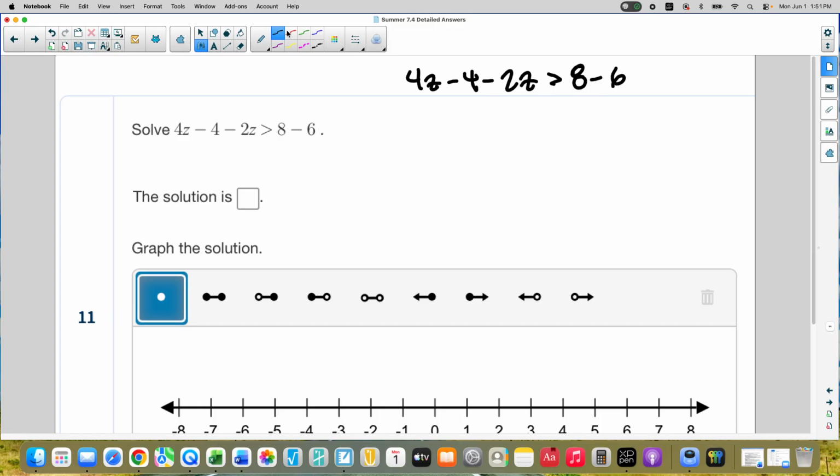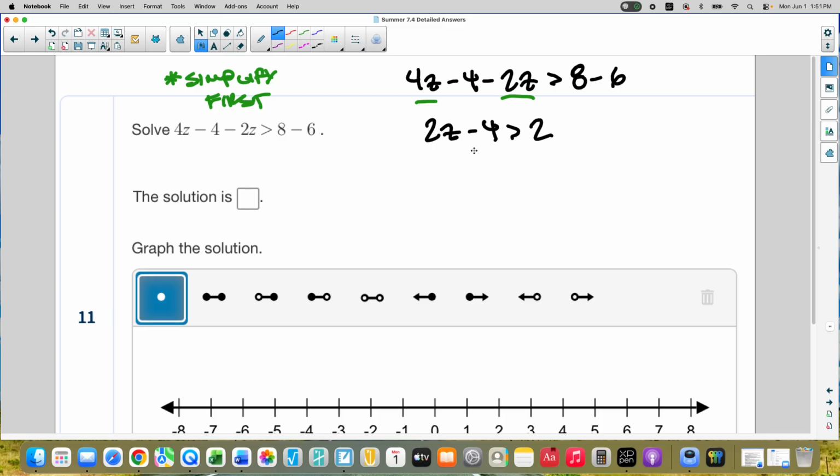So we always want to simplify first before moving. Always simplify both sides first. We've got like terms here. 4Z and negative 2Z makes 2Z minus 4 is greater than 8 minus 6, which is 2.